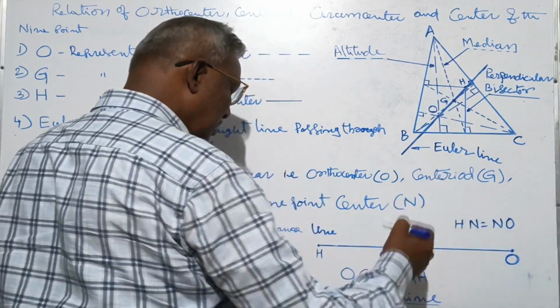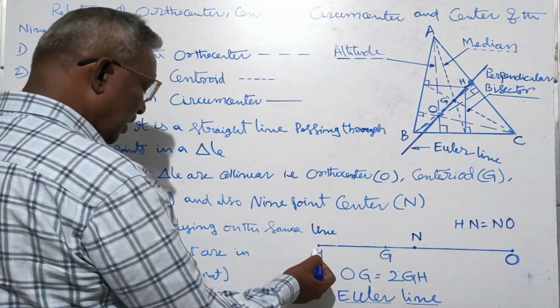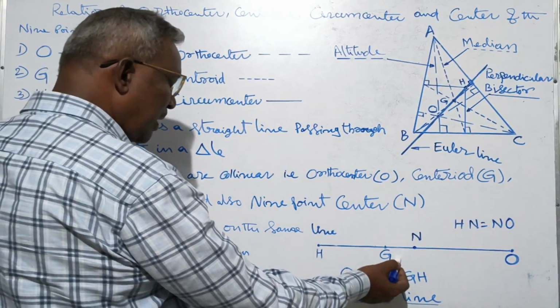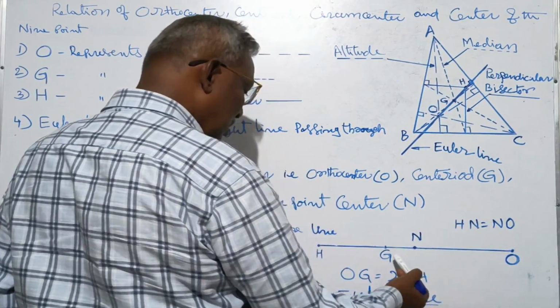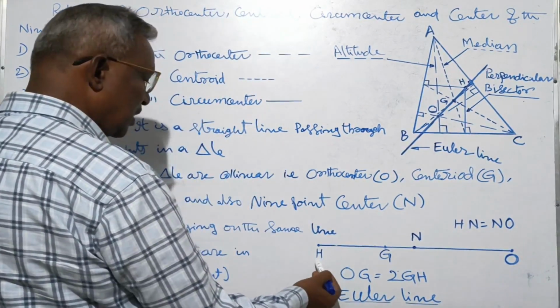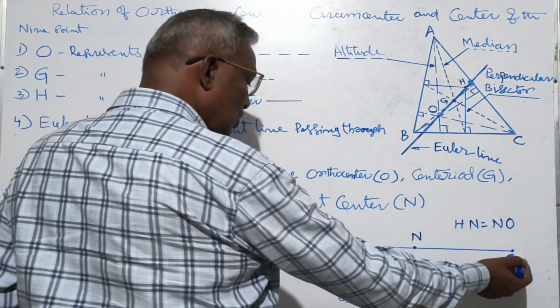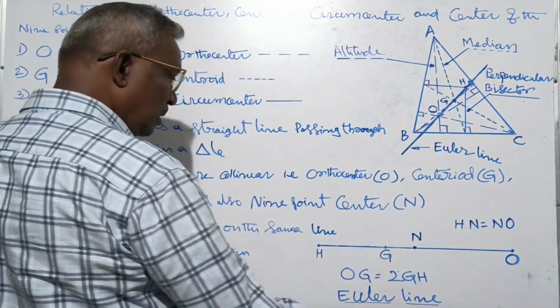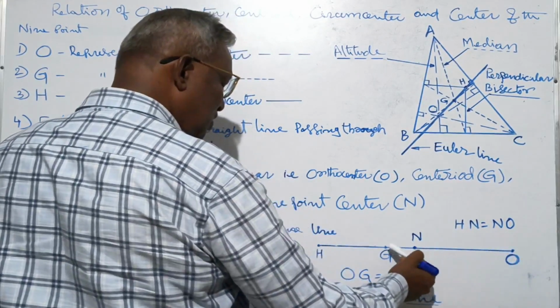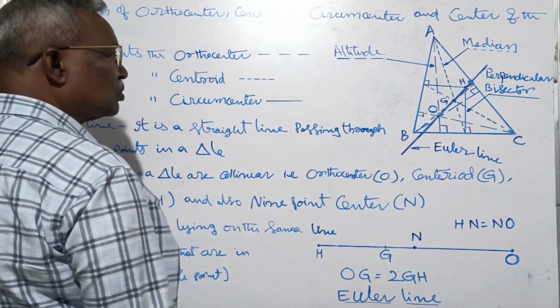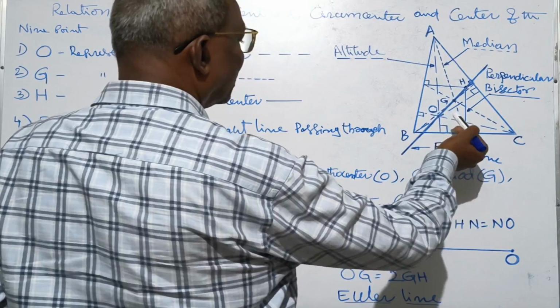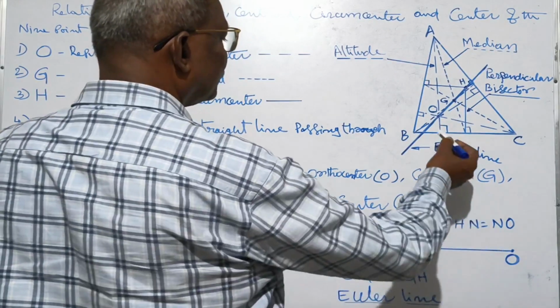This is the complete Euler line: circumcenter, centroid, orthocenter. So the relation is the length between OG.